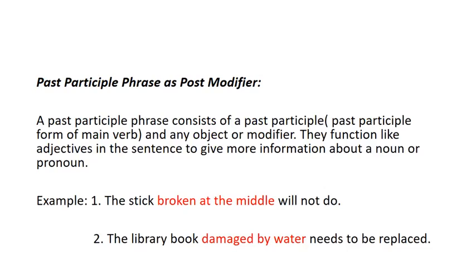As the past participle phrase gives us more specific information about the noun phrase, it is a post modifier of the noun phrase. Exactly in the same way, in the second sentence, the past participle phrase damaged by water is used after the noun phrase the library book and gives us some extra and specific information about the book, so it is used as a post modifier of the noun phrase the library book.